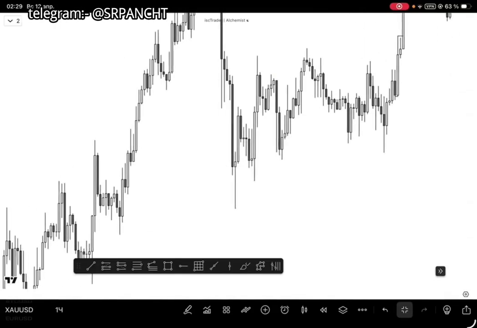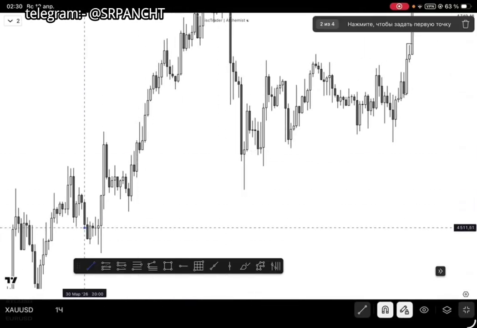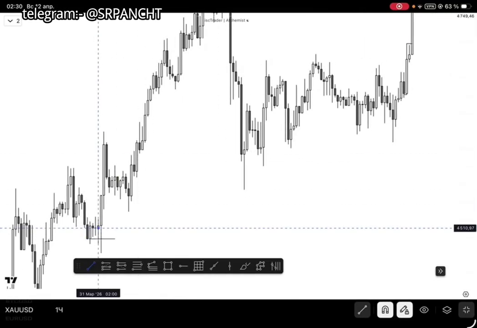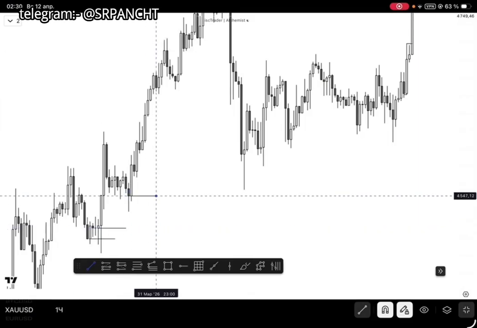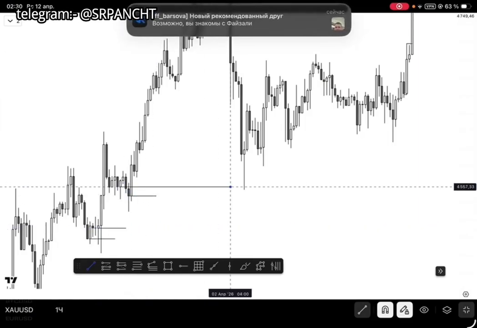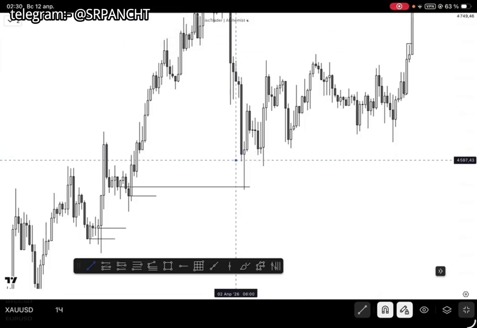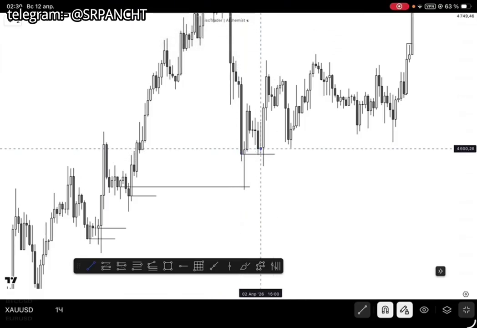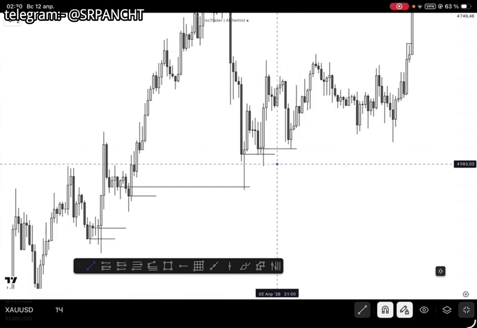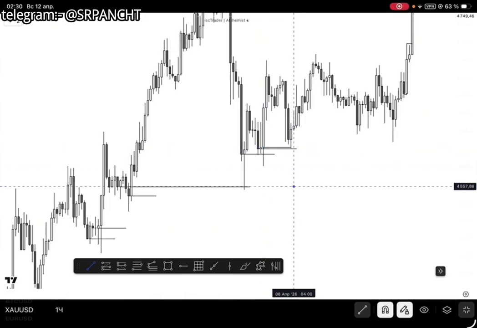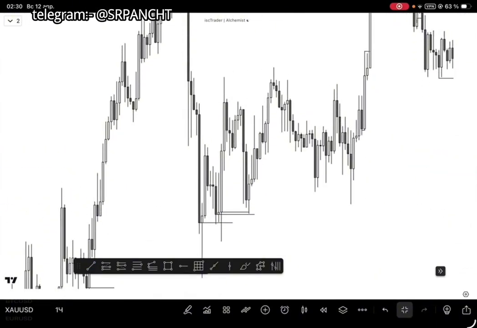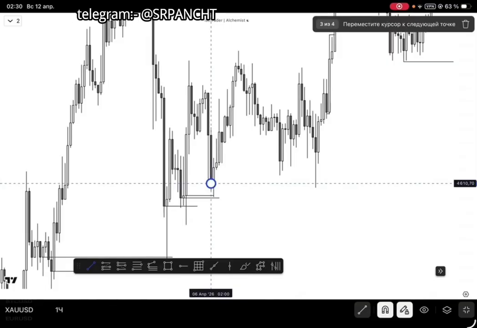Zones. Support, support zones. Another support zone, meaning this is an open candle level. Then another support.